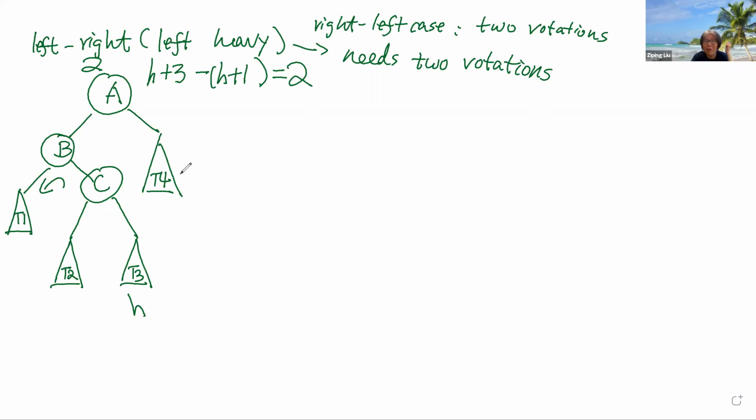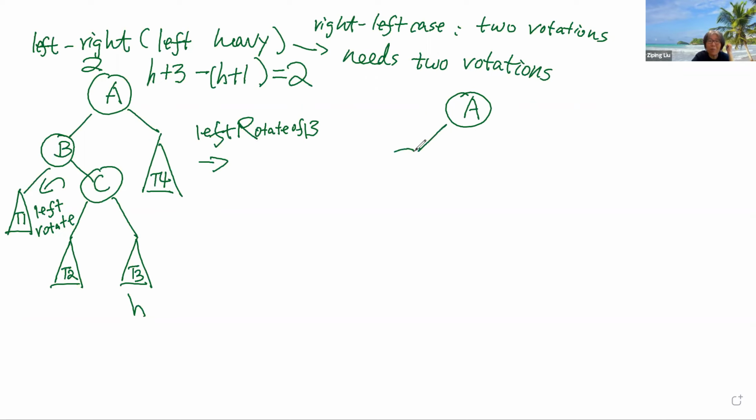Okay, we can try this. So let's see. We do left rotate of B. Then what we get is A, and because you do the rotate, C is going to be brought up.